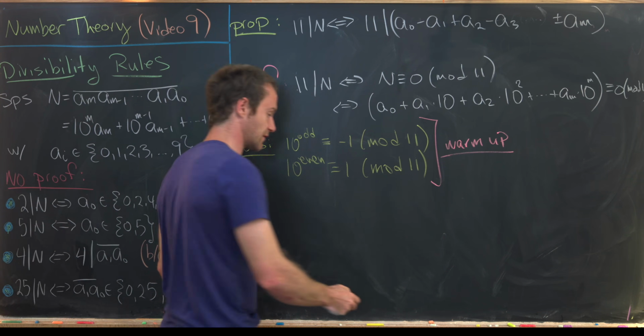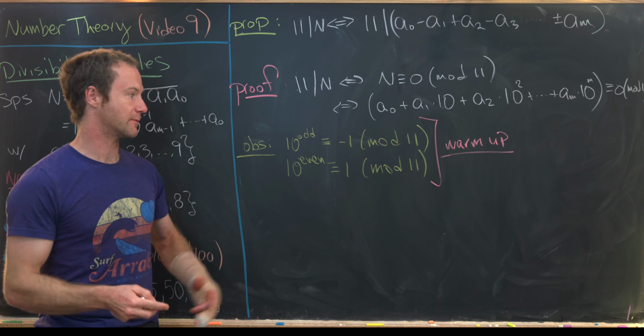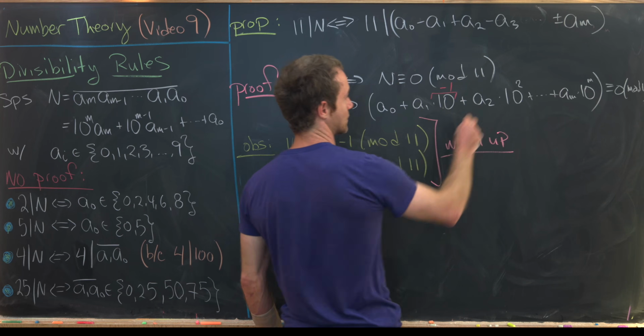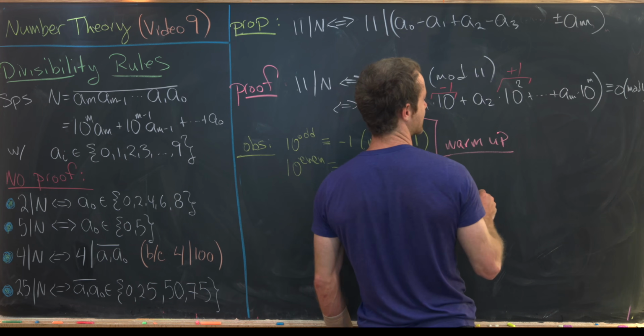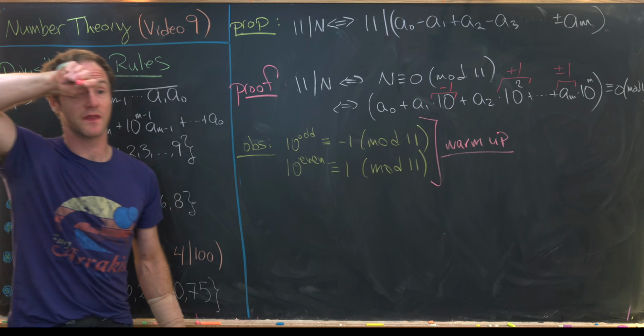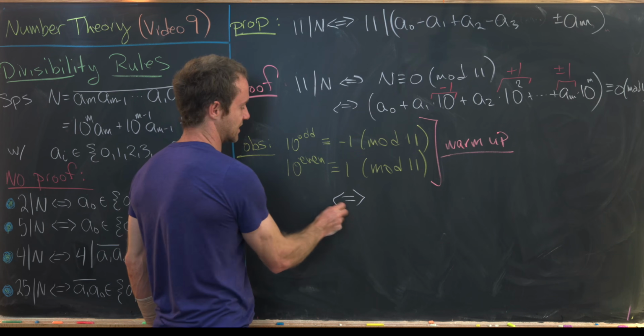Well, that means we can replace each of these powers of 10 with either a plus 1 or a minus 1. So this one gets replaced with minus 1. This one will get replaced with plus 1. And this one will get replaced with plus or minus 1 depending on the parity of m. So that means we can do that reduction.